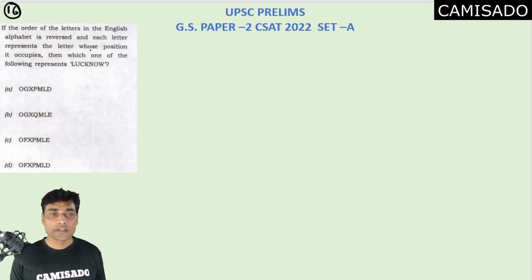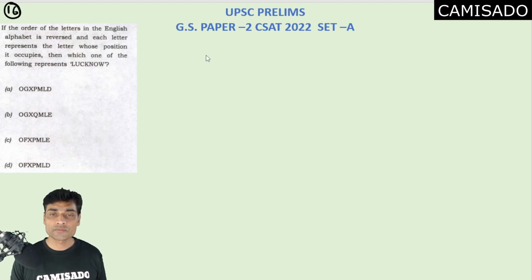In the order of the letters in the English alphabet, it's reversed, and each letter represents the letter whose position it occupies. Then which one of the following represents Lucknow? So it's a question related to alphabets, and we have to reverse the order.